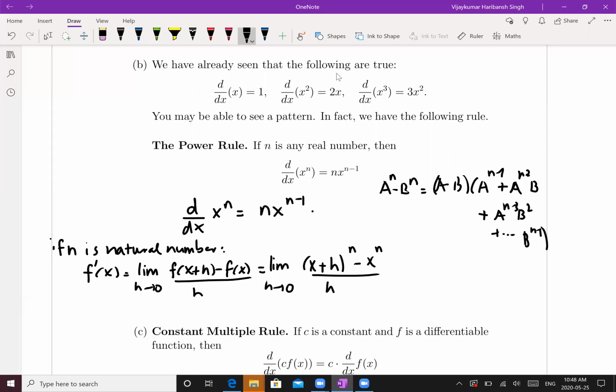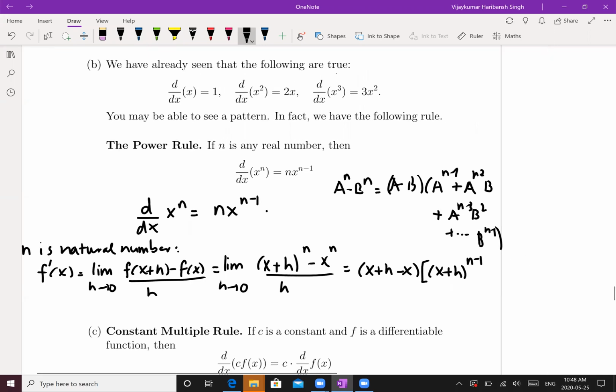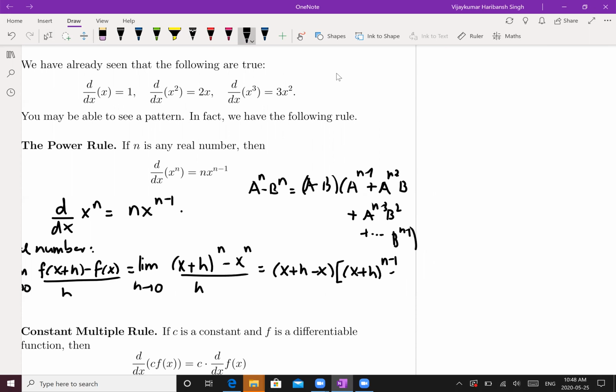So a minus b is going to be x plus h minus x. And then here you will have x plus h to the power n minus 1 plus x plus h to the power n minus 2 times x, and you keep on going until you get x to the n minus 1, the whole divided by h. So x and x cancel, and h goes 1 times.